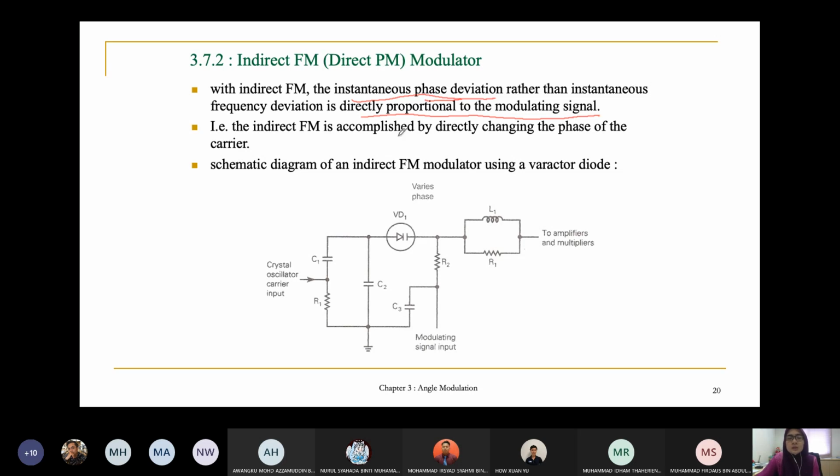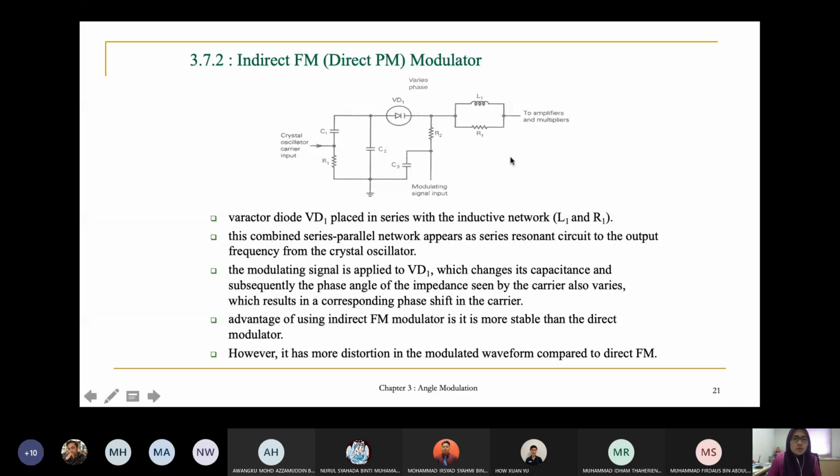Indirect FM is accomplished by directly changing the phase of the carrier, and this is the circuit for the varactor diode modulator. This varactor diode modulator has a varactor diode VD1, which is placed in series with the inductive network consisting of L1 and R1.